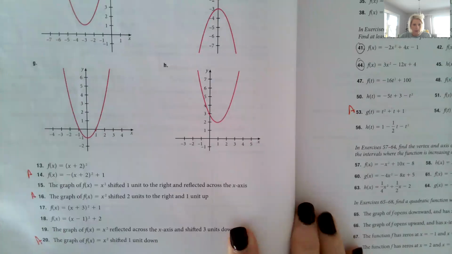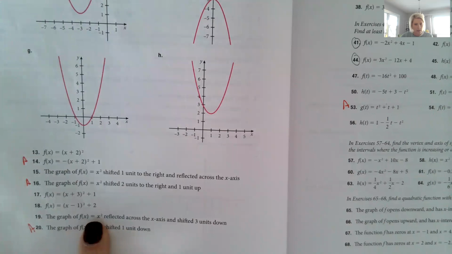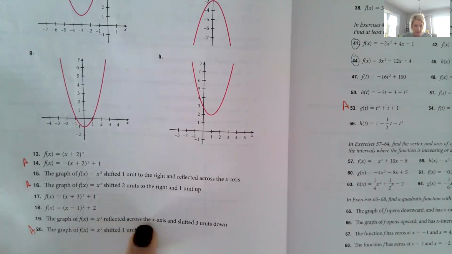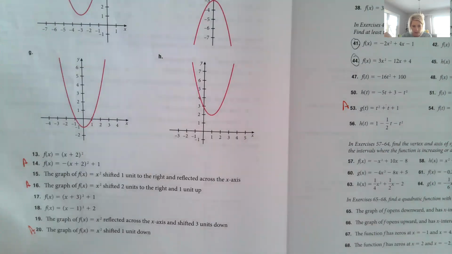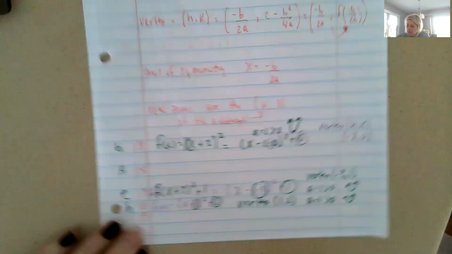Let's look at 19. 19 says, the graph of the function x squared, so it's a regular parabola, reflected across the x-axis. So we're flipped over, face down, and we're shifted 3 units down. So not left or right, but just down. Okay.